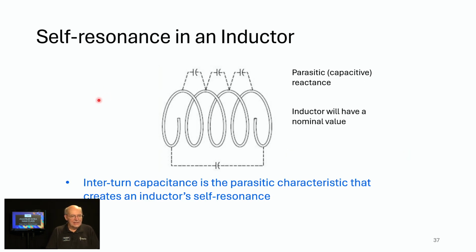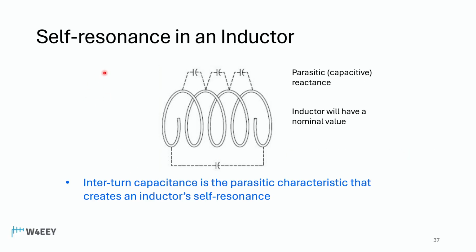So how do we get self-resonance, you might be wondering. Well, here's an inductor, and in between each turn of the inductor, we've got some capacitance. So we have parasitic capacitance, parasitic capacitive reactance. And the reason I'm going through this is because the pool question is generic between inductors and capacitors.